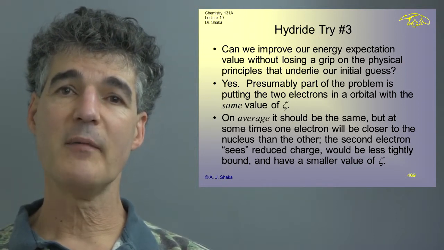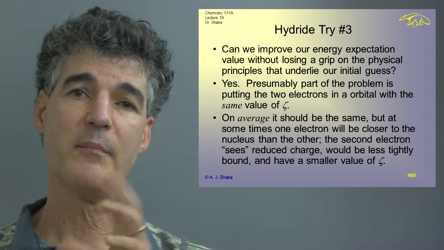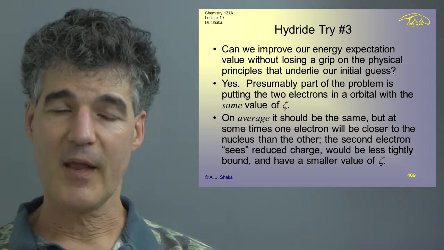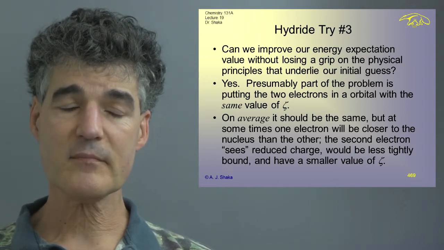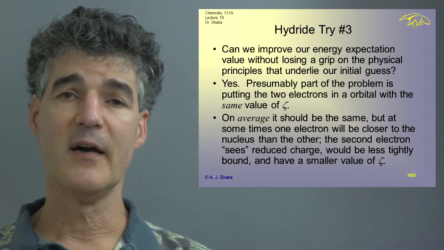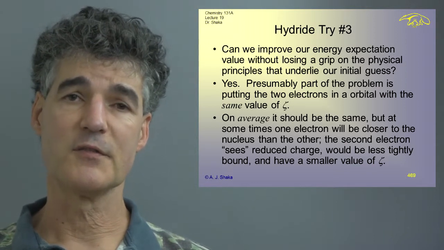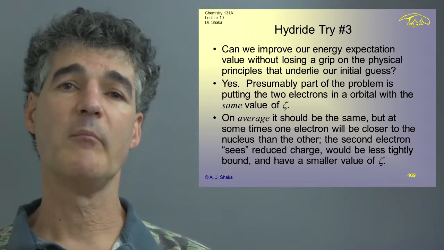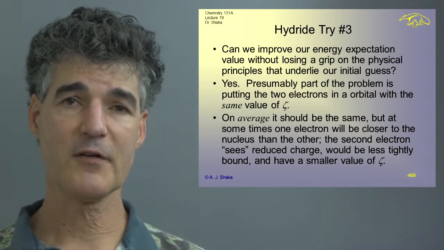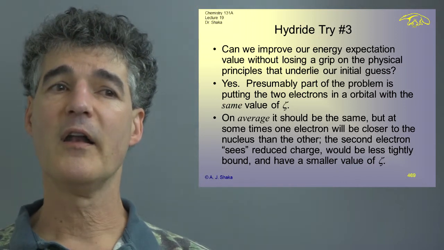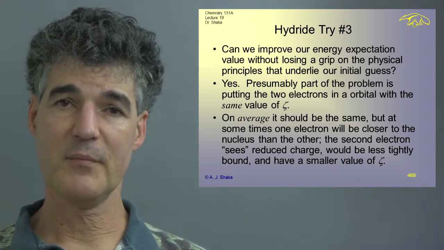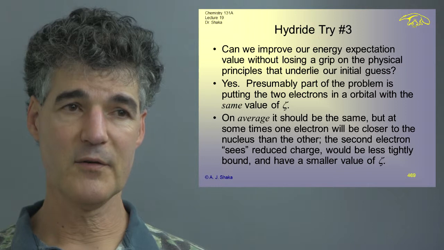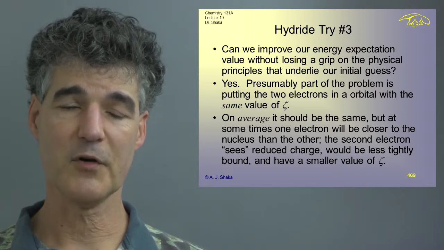We had the same value of the exponent, whether we picked just the Bohr radius, so in atomic units it's just 1, or whether we picked this zeta. We had the same value for both electrons. And on average, that's got to be true, because the two electrons are indistinguishable.